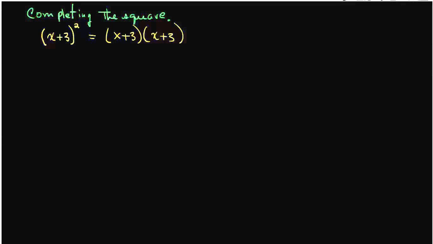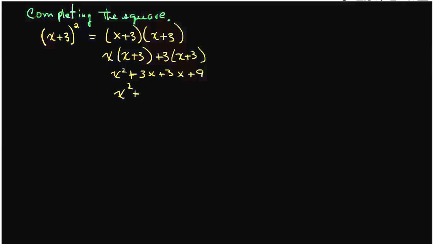However, if I multiply it out, x times x plus 3, plus 3 times x plus 3, using the distributive property gives me x squared plus 3x plus another 3x plus 9. Simplifying, this will give me x squared plus 6x plus 9. Okay, so this is the expanded form of a perfect square.